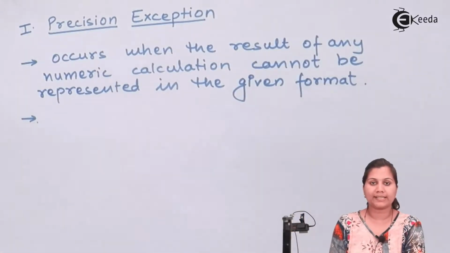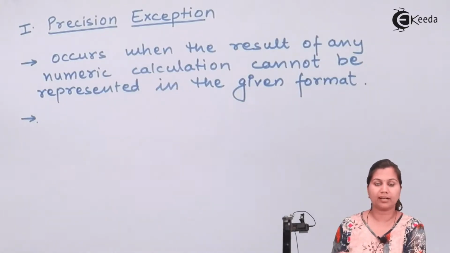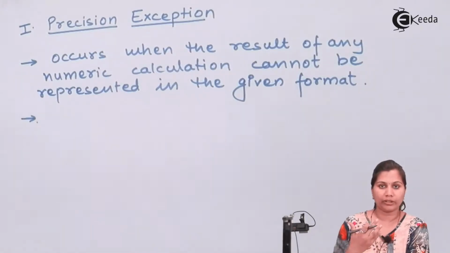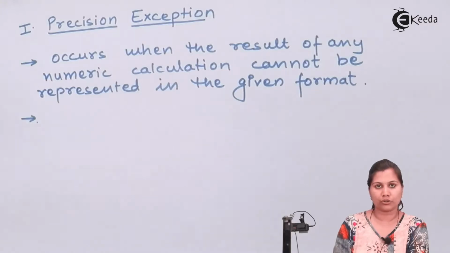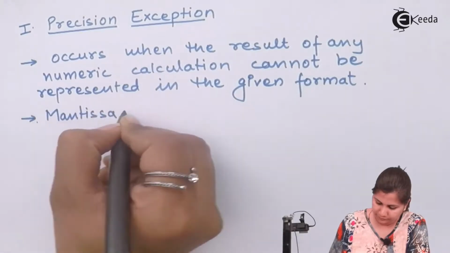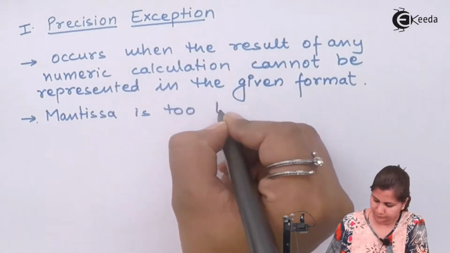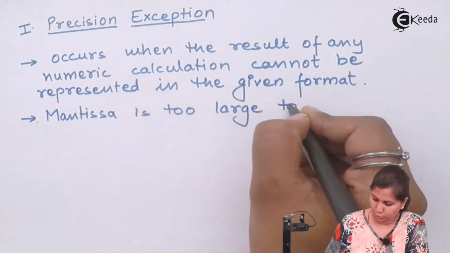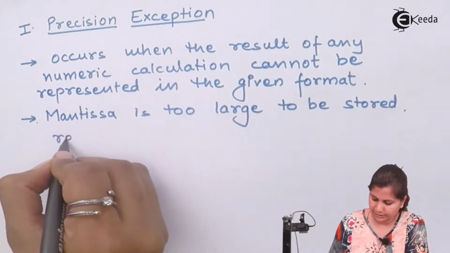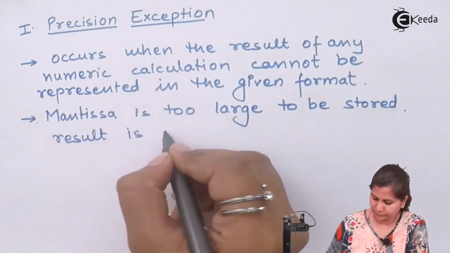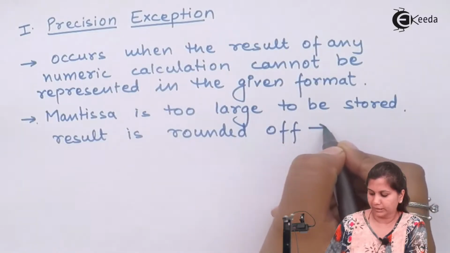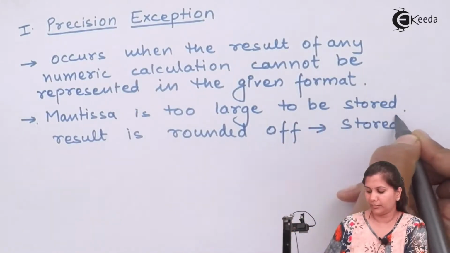An example of this can be the mantissa of the result being too large to be stored. In that case, the result is rounded off and then stored in the memory.